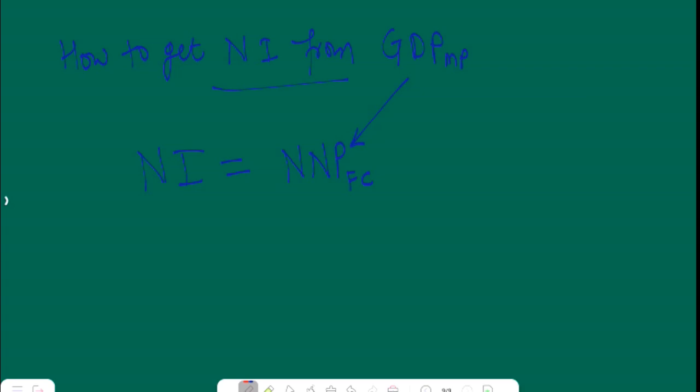Let's do it. GDP at market price will be GDP at factor cost plus tax minus subsidy. We have to change GDP to NDP.